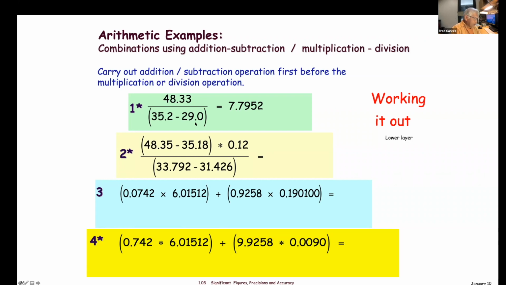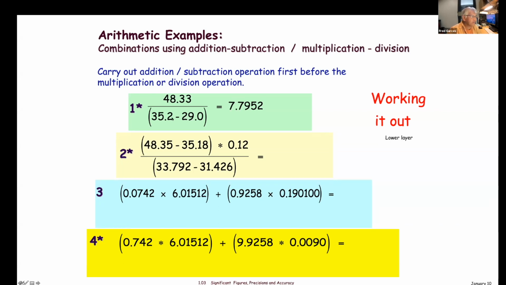You put 35.2 and 29 in your calculator, and what you get is 6.2. Notice that these have 3 significant figures, but your answer is going to be rounded off to the 10th of a place, 6.2, but now it's reduced to 2 significant figures. You can gain or lose significant figures when you add and subtract.